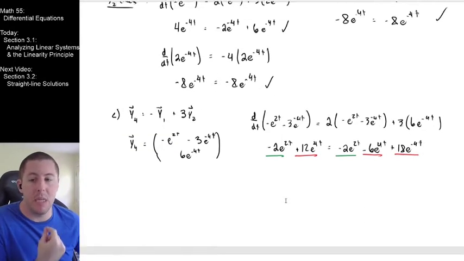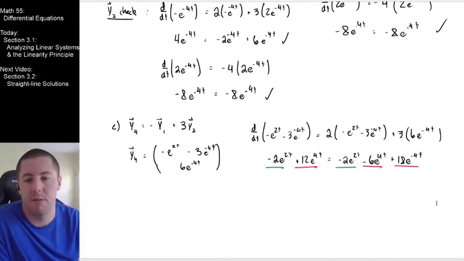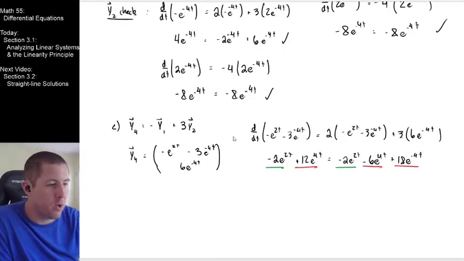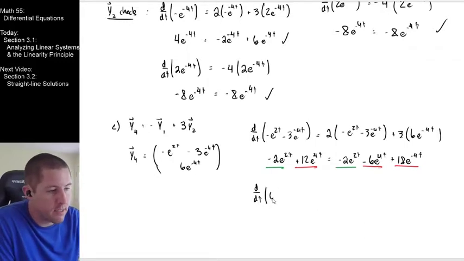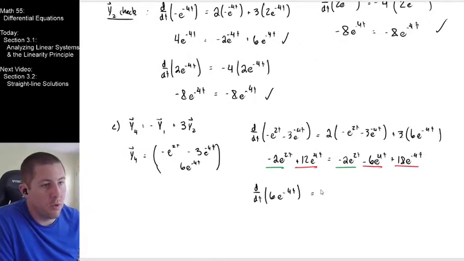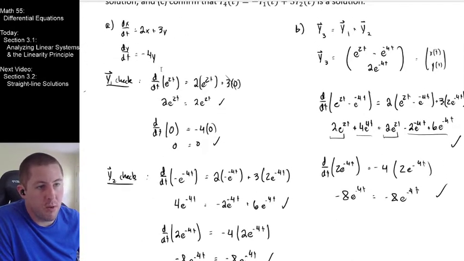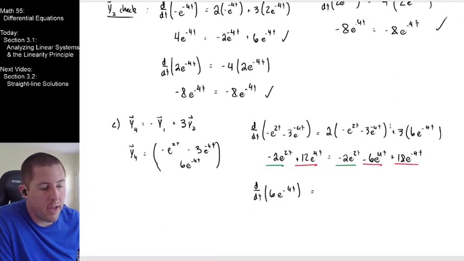Now we want to confirm the dy dt equation, and we'll have confirmed that y4, the vector y4, is in fact a solution. So now we just got to do our derivative with respect to t of our y, which is 6e to the negative 4t. And this should be equal to, according to our differential equation, negative 4 times our y component.